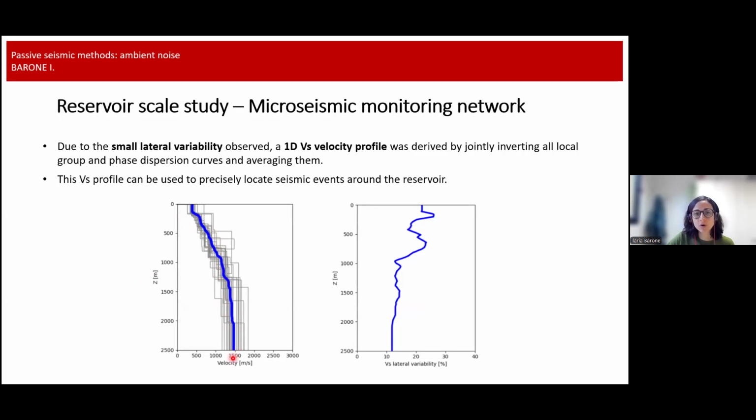So this average model is exactly what we needed to locate local seismic earthquakes. And on the right side, we also computed the standard deviations, and then from that, the percentage lateral variability of velocities. This is just a measure of how much the velocities vary laterally in the network at the different depths.